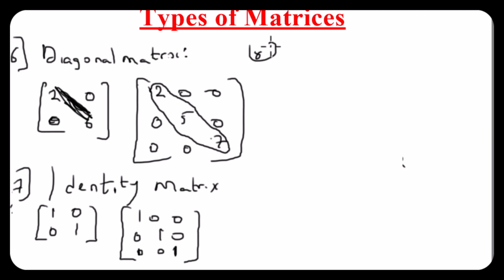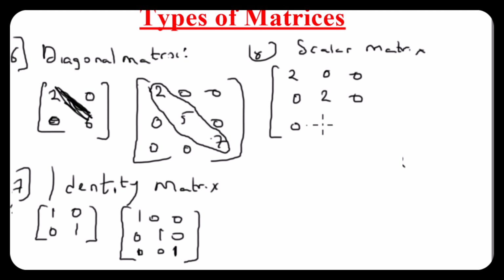So we have about 3 of them. Let's quickly talk about the third one, the scalar matrix. The scalar matrix is kind of identical to the identity matrix, but this time around, instead of the diagonals being set to 1, the diagonals will be set to the same number other than 1. It has to be uniform, unlike the diagonal matrix, where you can see this is 2, 5, and 7. For a scalar matrix, we start with 2, then the diagonals should be 2 all through, so 0, 0, 2.